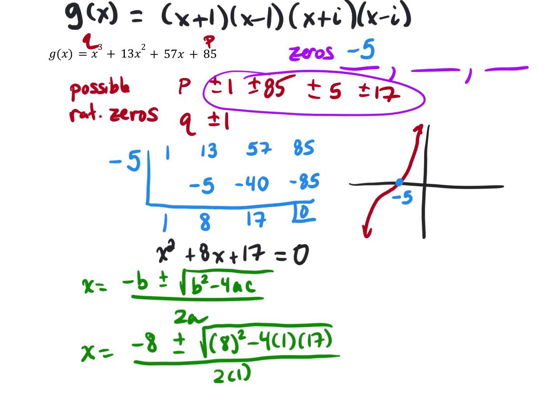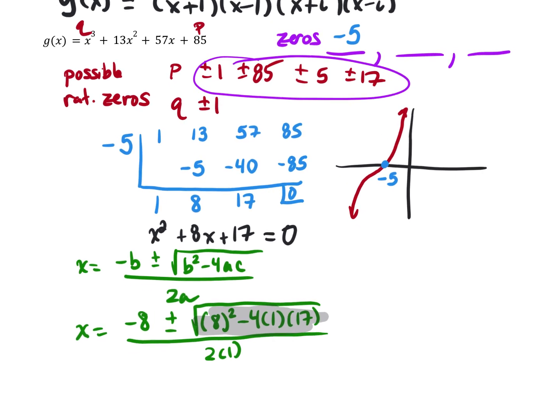So that's where I'll find my other zeros. So I'm going to start by just taking a calculator and multiplying everything inside this square root. And so when I do that, I get negative 4. So this becomes negative 8 plus or minus the square root of negative 4, over 2.